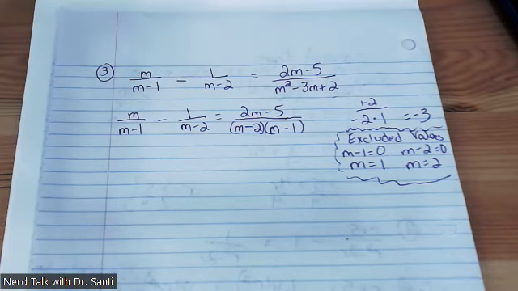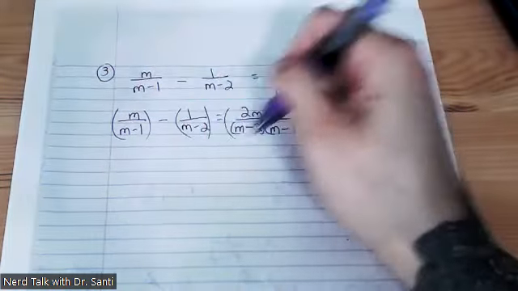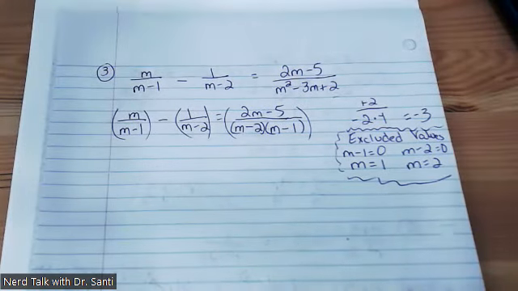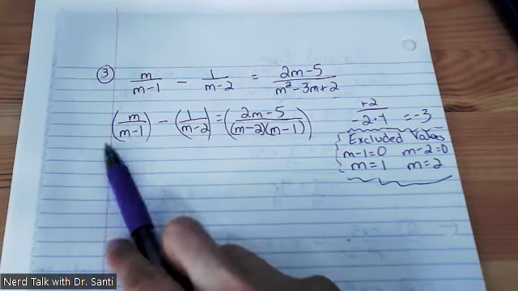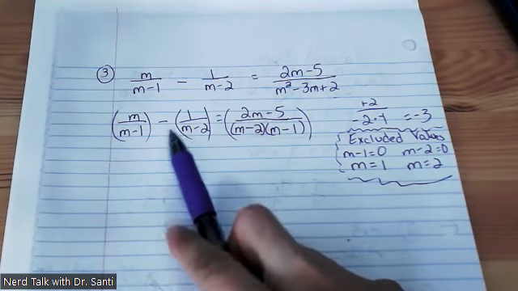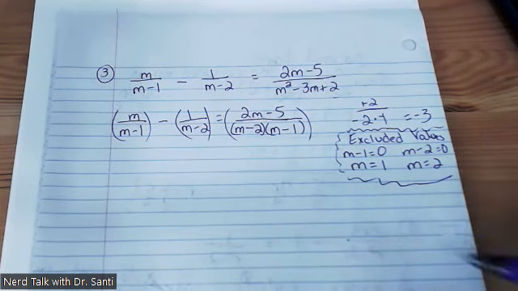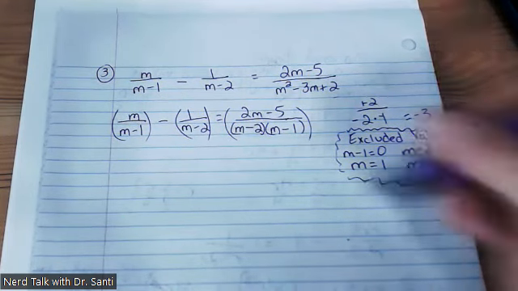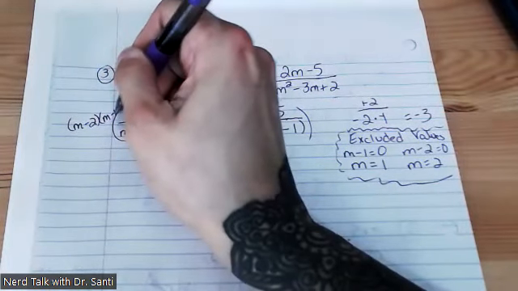But now that we have that identified, we're going to go ahead and use our strategies. So we are going to take each term and again multiply by the LCD. Notice that this fraction would just need an m minus 2 to make the denominator the same. This one would need an m minus 1 to make the denominator the same, and this already has it. That implies that the LCD must be a combination of the two factors.